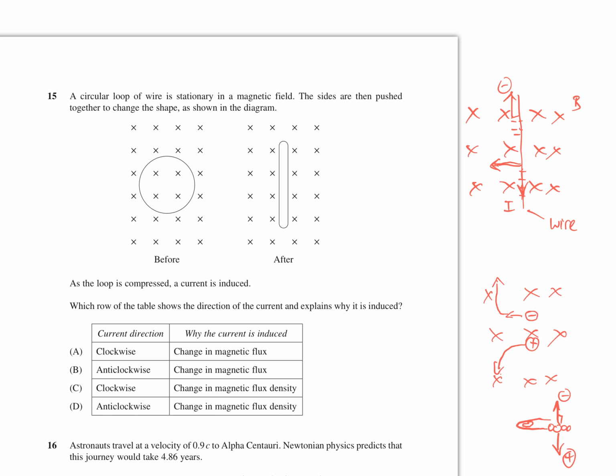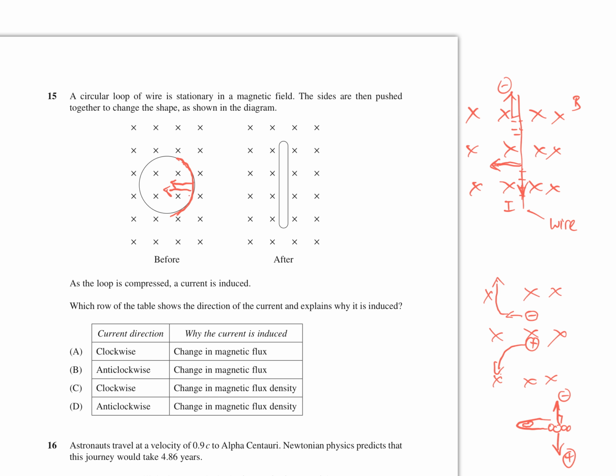So if we look at this question now with that knowledge, and you look at this side of the ring, think of it as a conductor, it's being moved that direction. So the positive charges in that wire, that's our conventional current, are being moved in the same direction as this side of the loop.